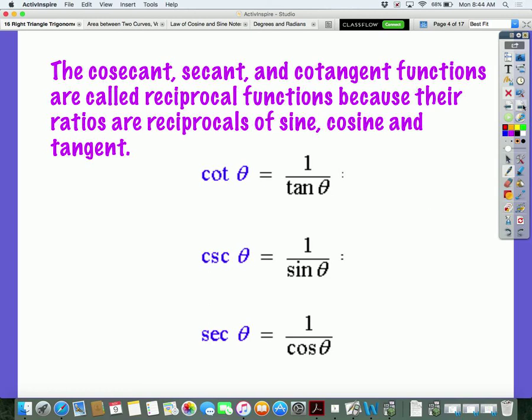Cotangent of theta is 1 over tangent. The reciprocal, remember, you flip it. Cosecant is the reciprocal of sine, so you take your sine ratio and you flip it. 1 over sine of theta is basically flipping that fraction. Lastly, you have secant theta, which is the reciprocal of cosine. So 1 over cosine allows you to flip that fraction.